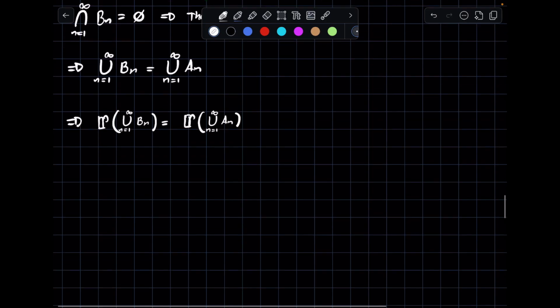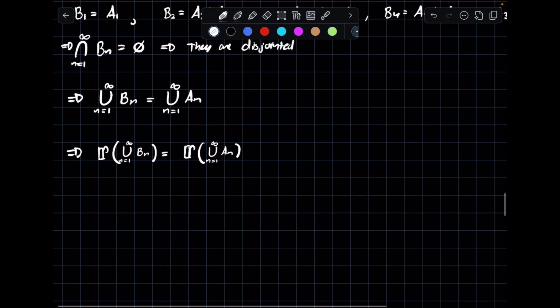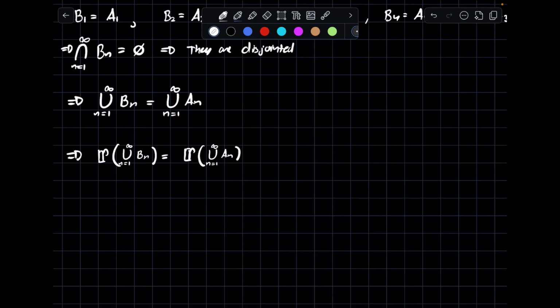Now, something that we know is that the union of all of these, if they're disjoint, if we remember what any union is, for example, let's take two sets, the probability of x union y is going to be P of x plus P of y minus P of x intersection y.